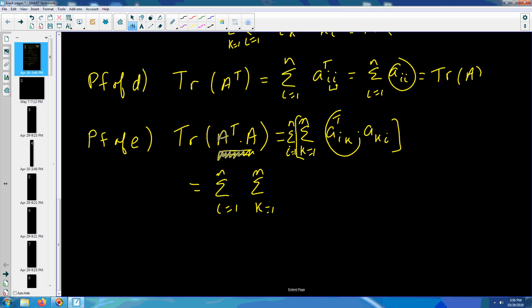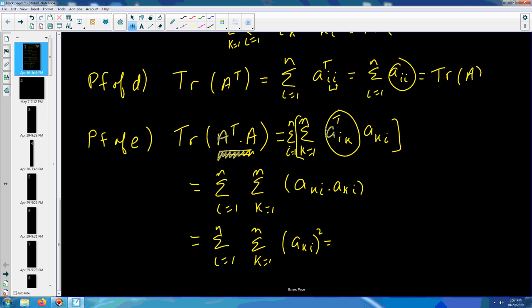Now, that is the same as AKI. I switched the I into K, so I dropped the transpose. Times itself. So this is the summation as I goes from 1 to N, the summation as K goes from 1 to N of AKI squared.